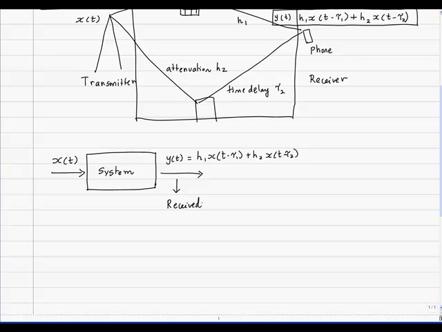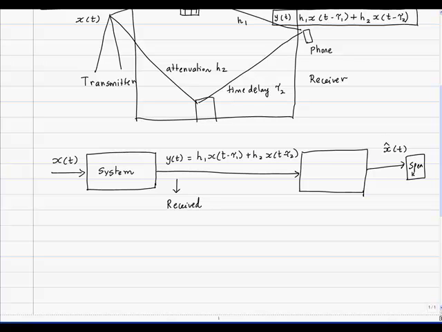What I would like to do is to take this signal, do some processing on it, and be able to get my x of t back, or at least an approximation to x of t, so that I could run this signal through a speaker and then you can listen to it.